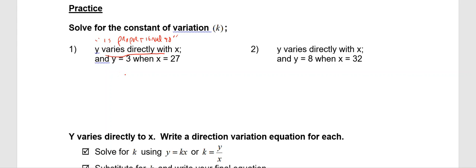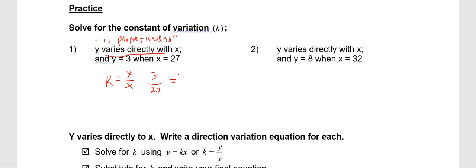Remember, my constant of variation is nothing more than my constant of proportionality. And I already know that constant of variation, otherwise known as my constant of proportionality, is simply made up of the ratio of y over x. So in this scenario, where it says y varies directly to x when y is 3 and x is 27, I simply set that up as a ratio.